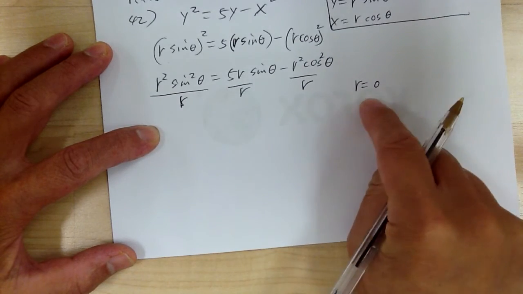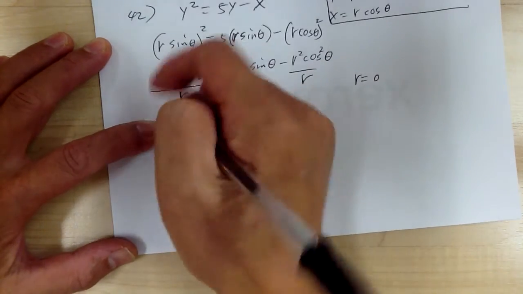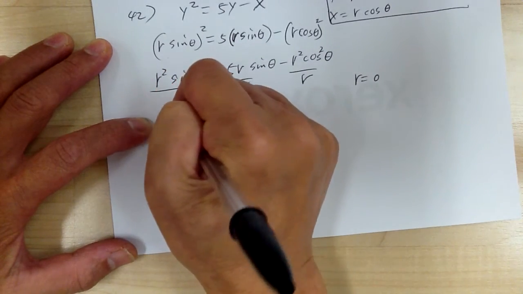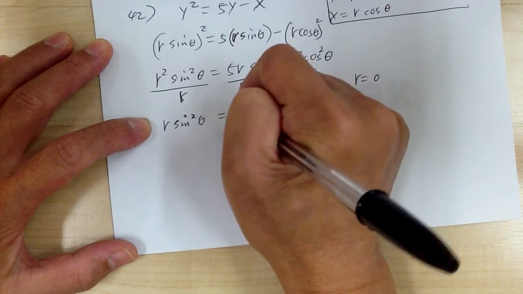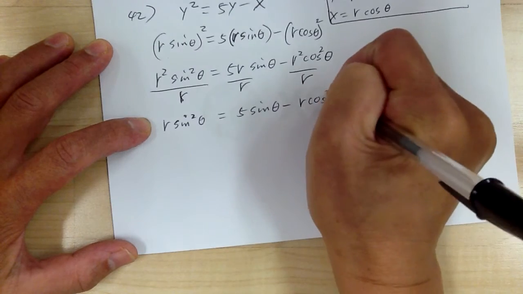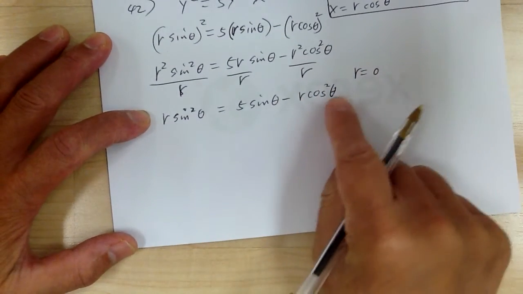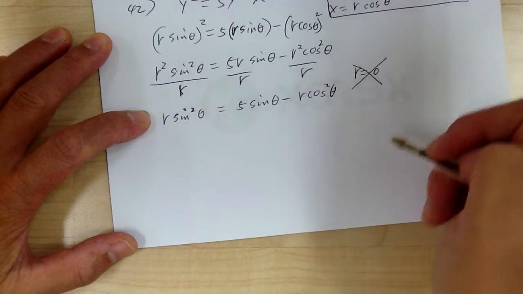But r equal to 0 is a dot, and that dot is already included in the solution. So r equal to 0 is included in one of the solutions, so you don't have to worry about that.